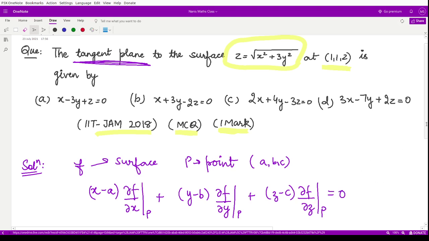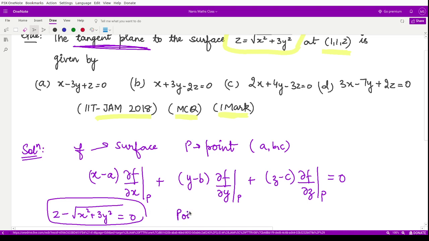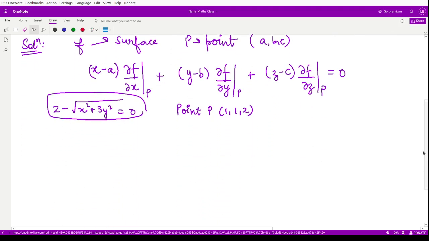So here, what is your surface? Your surface is z minus square root of x square plus 3y square is equal to 0. So this is your surface, and your point, let me call that P, is given to be 1, 1, 2, right? So this is your point. So let's firstly calculate the derivatives.